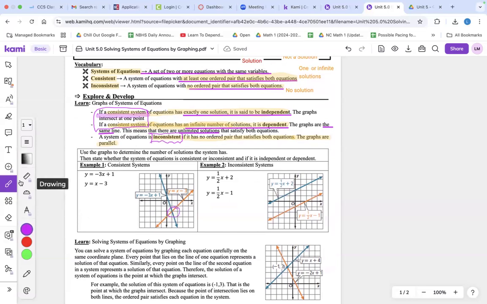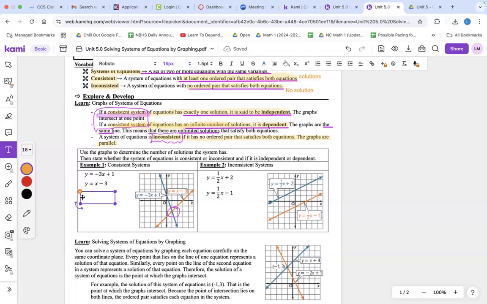So we automatically know that they have how many solutions? Exactly. So it's one solution. And what is that one solution? That one solution is 1, negative 2.